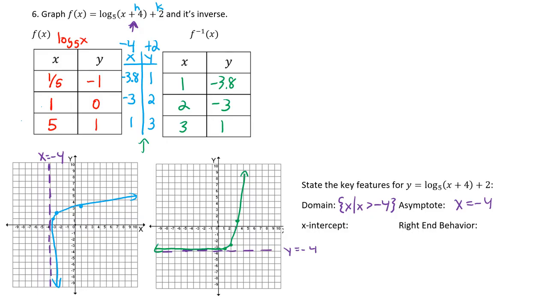We cannot really see what the x-intercept is, so I forgot to change that. We don't have to worry about the x-intercept there. Don't worry about it. If that shows up on your test, you'll be able to see it just like in problem 5. The right end behavior, so once again, we're looking at this side of the graph where x approaches infinity. And since the graph is pointing up, the y will approach infinity.